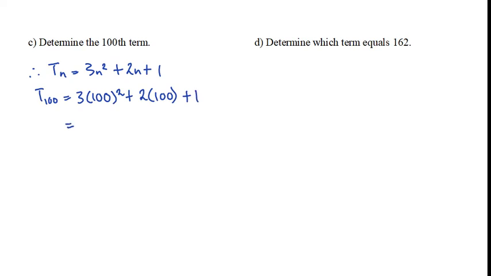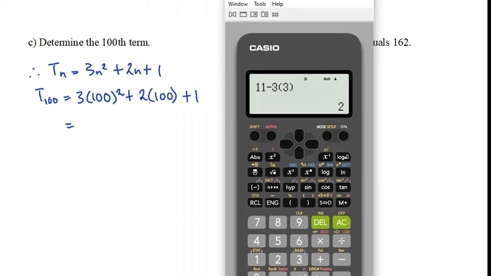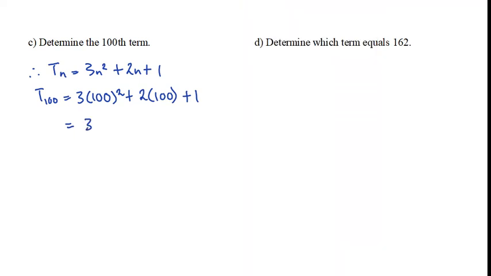Okay, so you can just quickly enter that into the calculator. So that will be 3 by 100 squared plus 2 by 100 plus 1. Okay, so that is 30,201. So that's the answer.